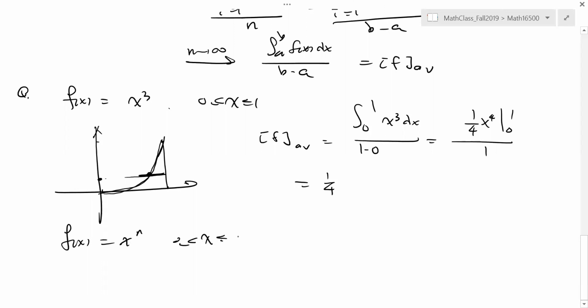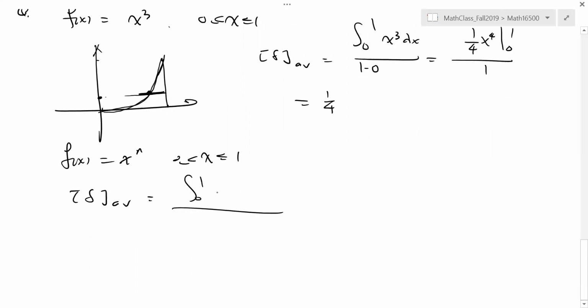So in this case, the average value of the function x to the n, if we evaluate, is going to be 1 over n plus 1. So clearly, when n is larger and larger, the average value of the function is getting smaller and smaller over the interval from 0 to 1.